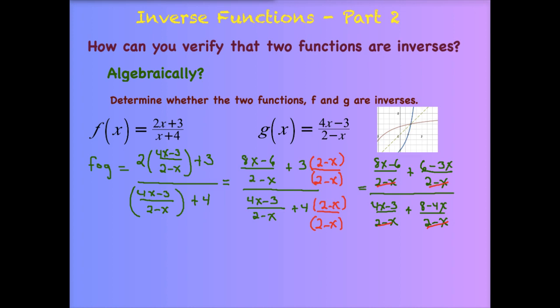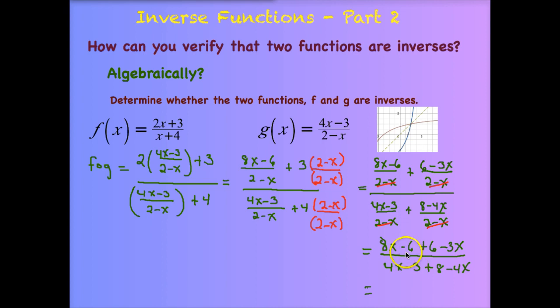So we can just go ahead and cancel those and write this as 8x minus 6 plus 6 minus 3x, all over 4x minus 3 plus 8 minus 4x.